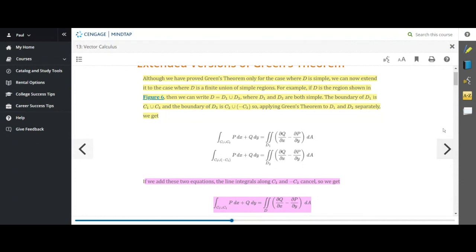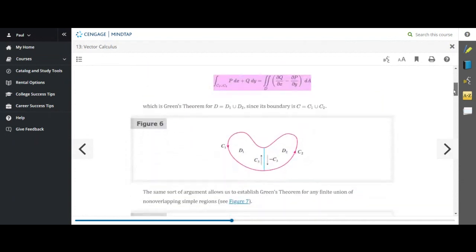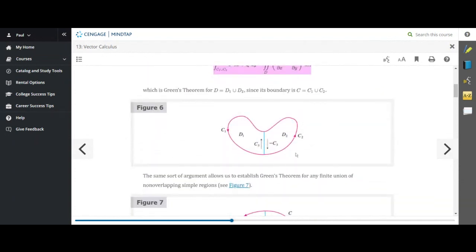So it allows us to work with paths where the closed path contains a region that is not simple.